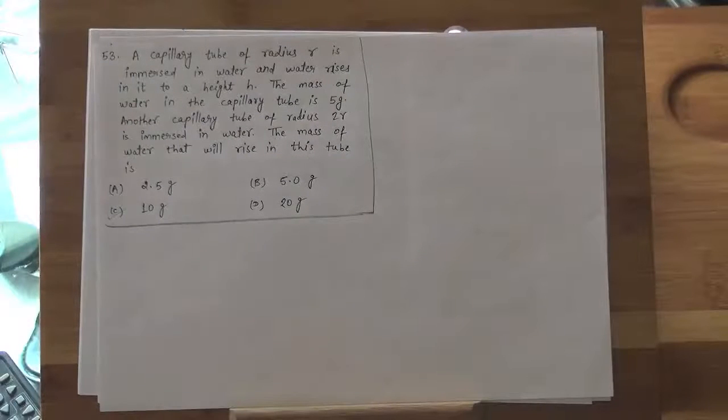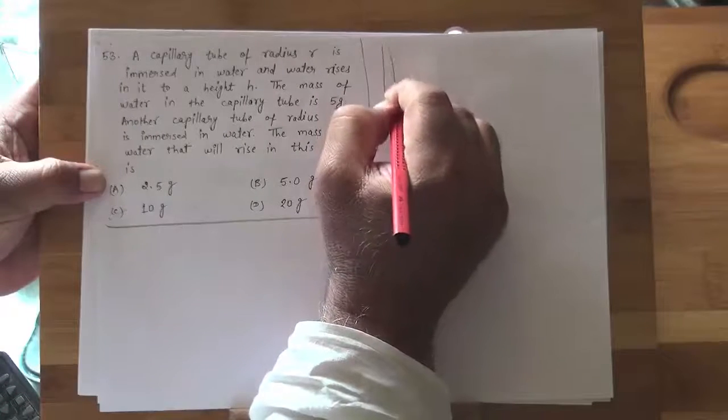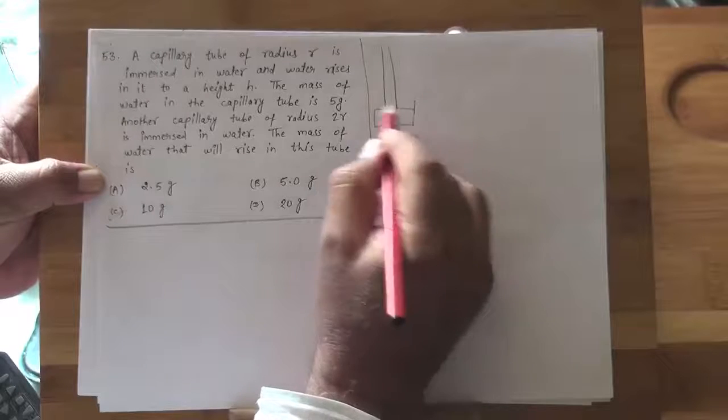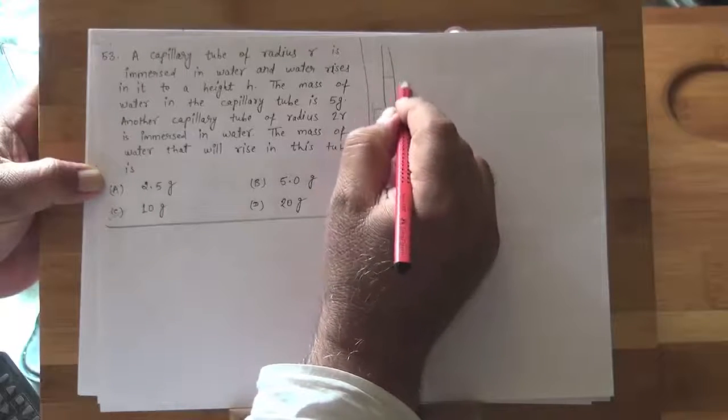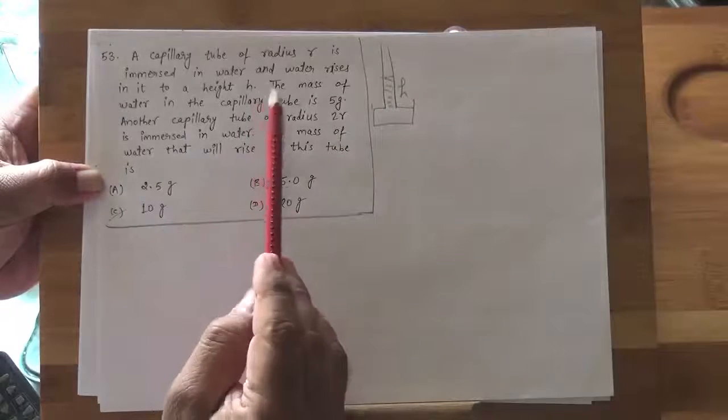A capillary tube of radius r is immersed in water, and water rises in it to a height h. ये कैपिलरी ट्यूब और इसमें वाटर राइज हुआ है h. h is the rise of water.